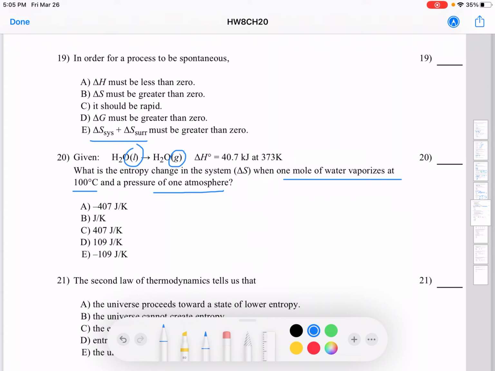And in order for that to happen, delta G must be 0. So for delta G, we use this equation: delta G equals delta H minus T delta S. When the liquid water becomes gaseous water, we can make delta G 0. So we are trying to find the entropy change in the system.